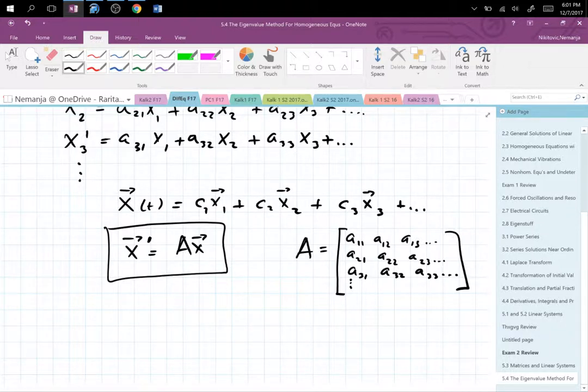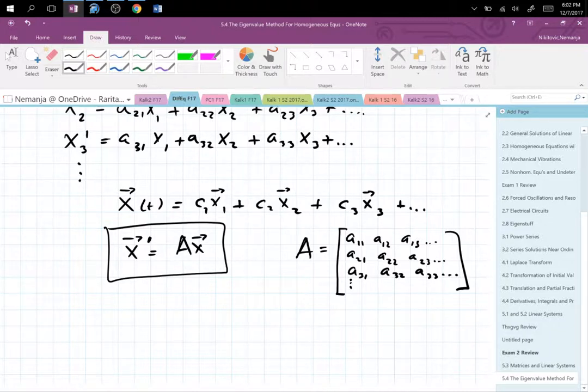we can assume solutions, and we assume solutions of the exponential form. Why? Well, we know that when you solve the characteristic equation, and when you do the basic separation of variables for the population model that we did on the first day, you get some kind of e to something.